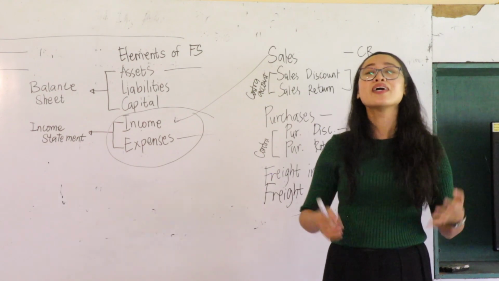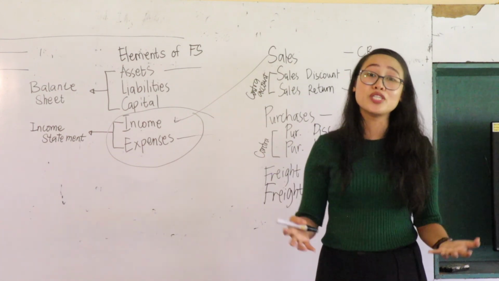But there will be slight differences in the changes in equity if we are under a corporation. So in this chapter, we are given a little overview about what the statement of changes in equity looks like under a corporation. Of course in a corporation, there are a lot of owners.